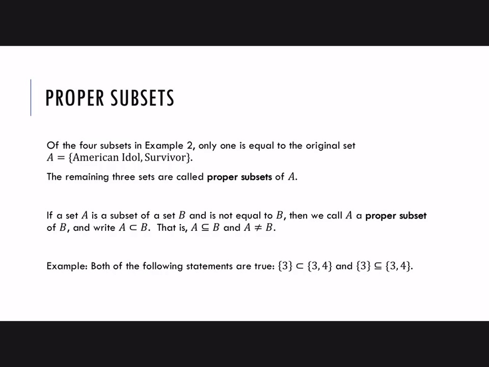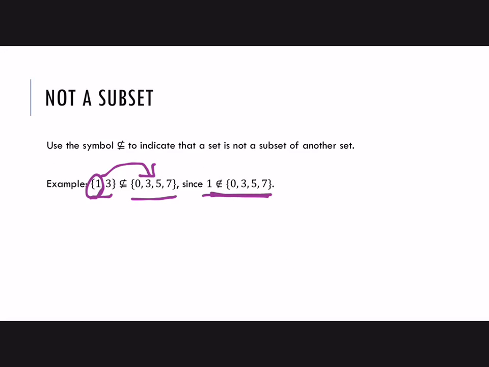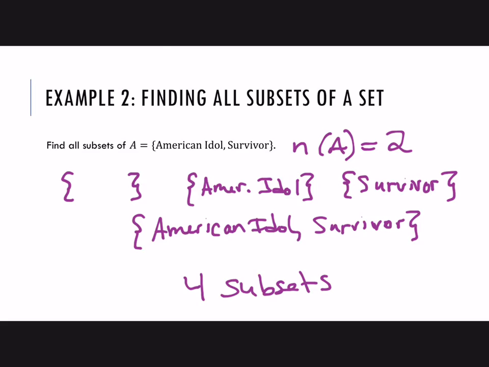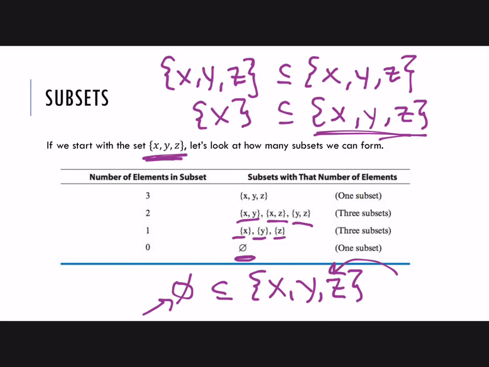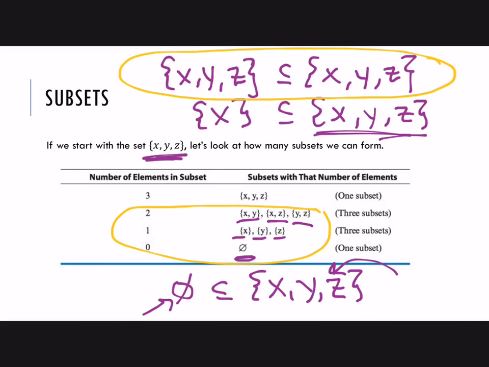Okay, another concept is the idea of a proper subset. Let's go back to this one. We've said that a set is technically a subset of itself, but what we also want to talk about is how many of those subsets are actually strictly smaller than the set itself. And that's the idea of a proper subset.